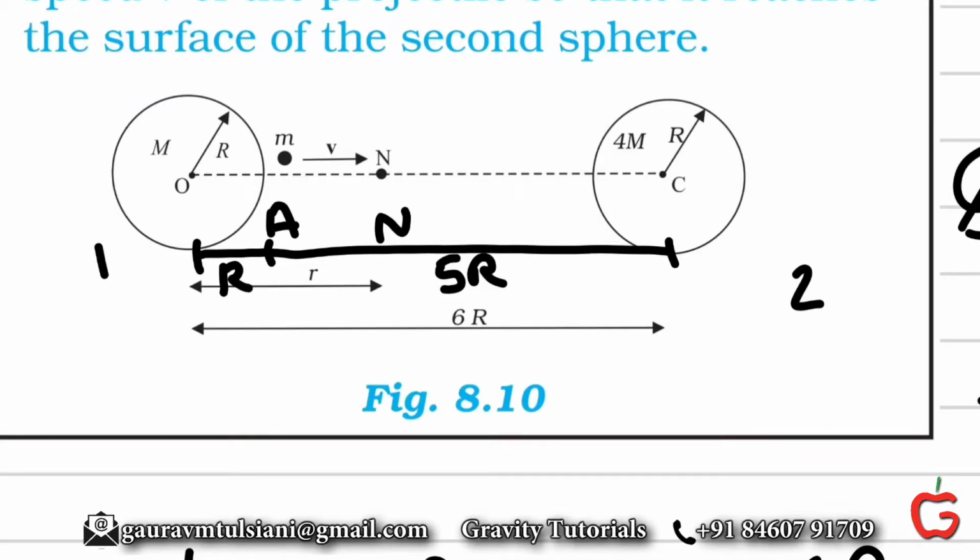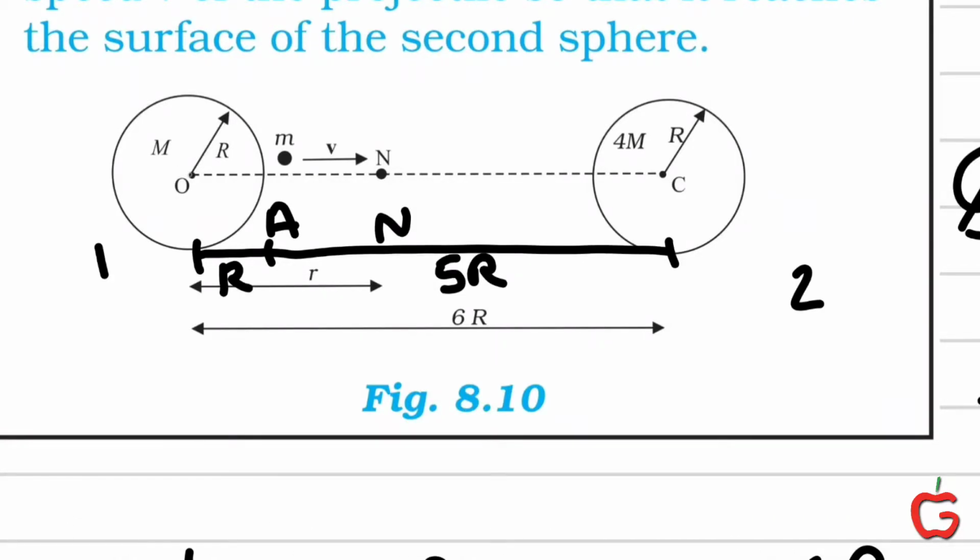This is the initial position of the ball. It is r away from the first sphere, 5r away from the second sphere. So this will help us calculate the potential energy of the ball at this point. Also, we are going to throw this ball with the speed v. So initially the ball is here at point A.